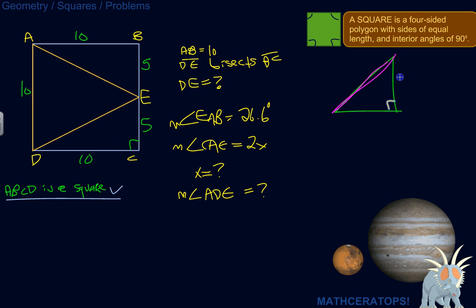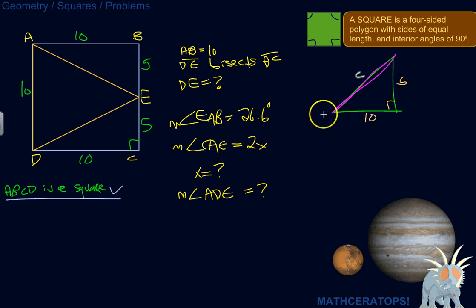So we know this side length. We know that side length. We don't know this. But we do know from the Pythagorean theorem that you take one of the shorter side lengths and square it, add it to the other shorter side length squared, and that is equal to the square of the hypotenuse, the longest side length.